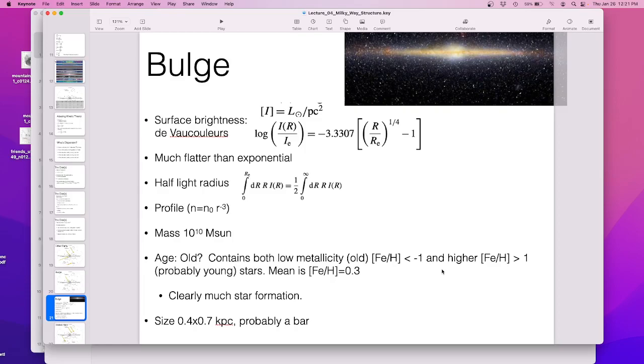So it looks like a relaxed object. About 10 to the 10 solar masses. The profile goes kind of like 1 over r cubed. It contains both old and young stars. So there is star formation going on currently. But the object itself is very old.